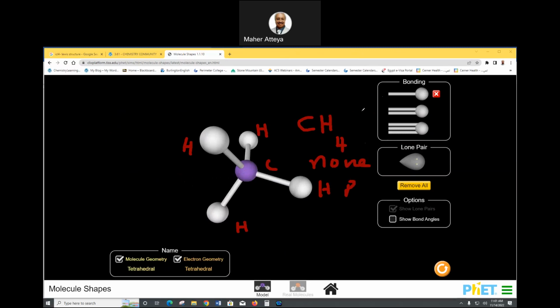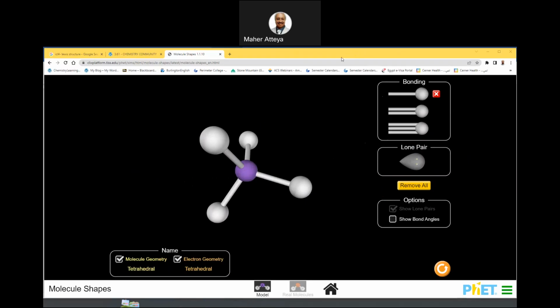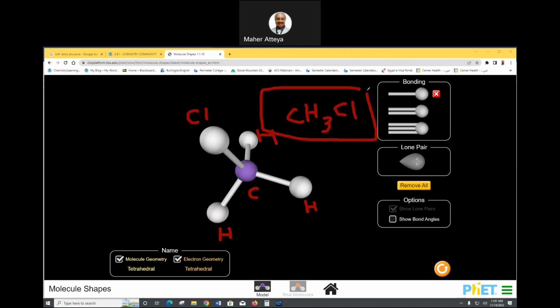Okay, guys? Now suppose I want to change one of those terminal atoms. Let's change this one here. Here's carbon, here's hydrogen, here's hydrogen, but here is chlorine, and this is hydrogen. So this compound will be CH3Cl. Is this compound polar? Yes or no? The answer is yes. Why is it polar?